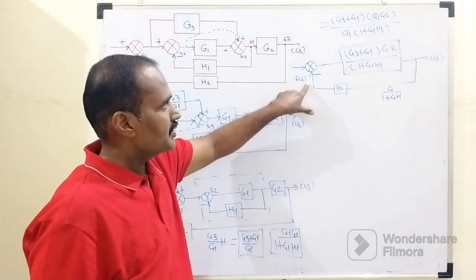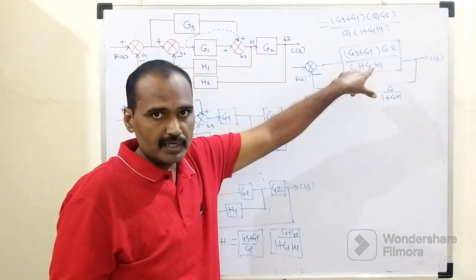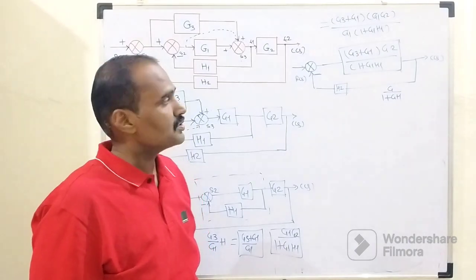Whenever we have negative feedback along with the forward path, here capital G itself is this whole term which is written within that rectangular box, right?